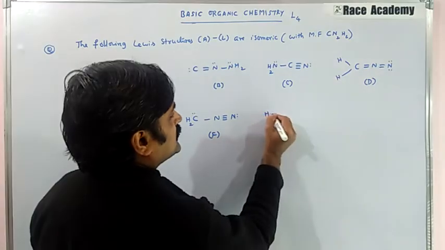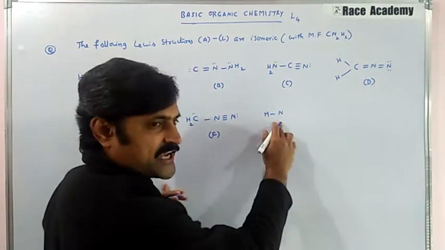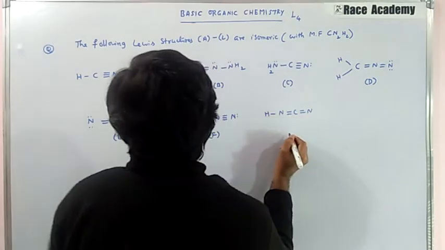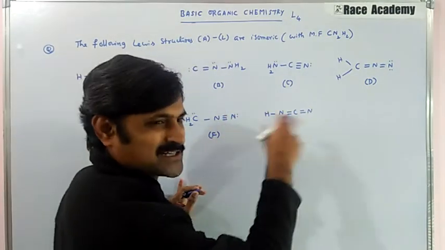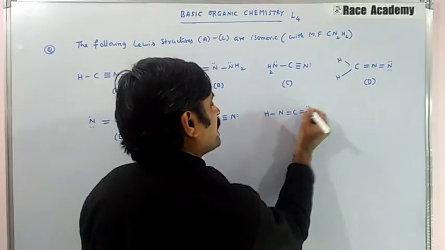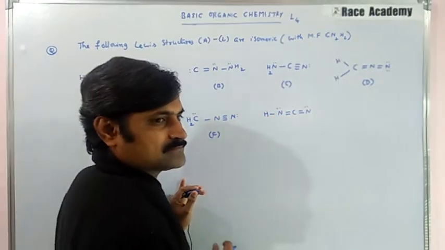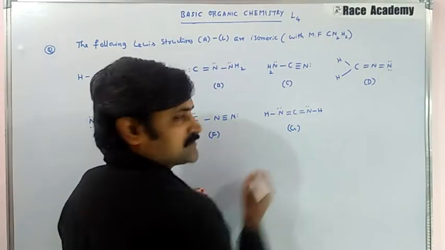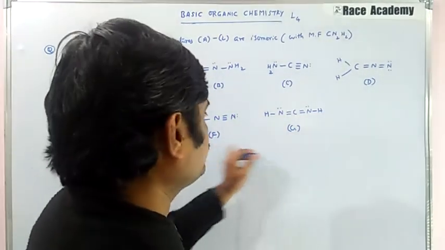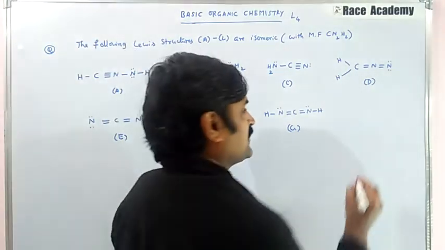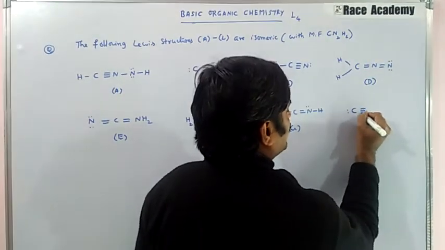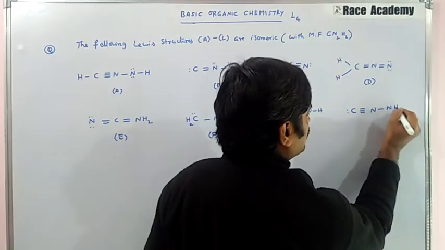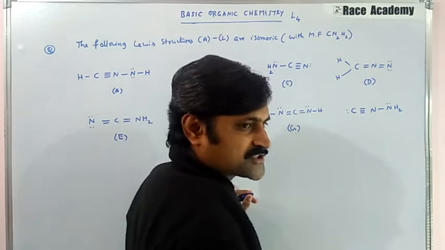And another one they have given is HN double bond C double bond N. You can observe whether anything is matching or not. Here a pair is given, here also a pair, and this is linked with another hydrogen. This is G. What is H? A triple bond with carbon, then nitrogen single bond NH2, with two dots given.